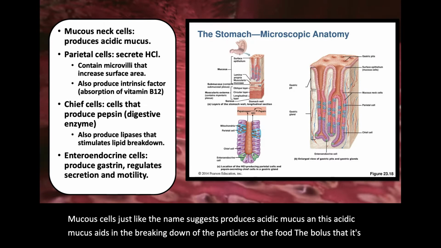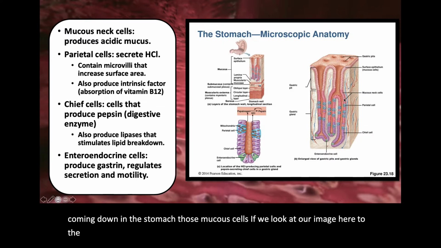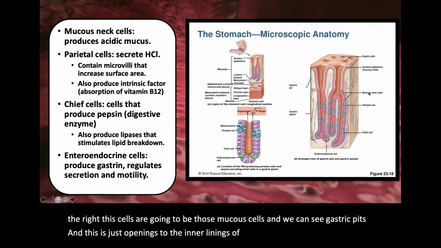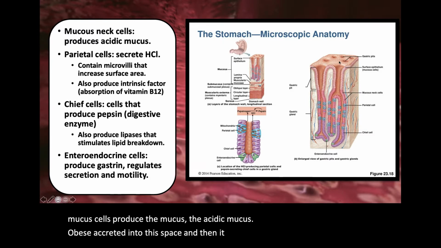In the image to the right, these cells are the mucus cells, and we can see gastric pits, which are openings to the inner linings of the stomach. Whenever these mucus cells produce the acidic mucus, it is secreted into this space, and then it makes its way up to the surface of the stomach.